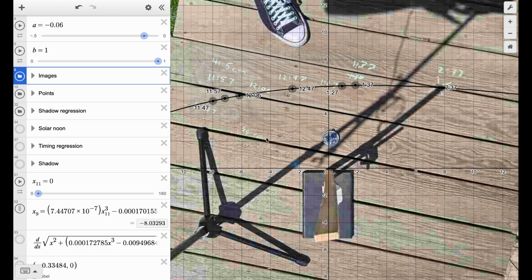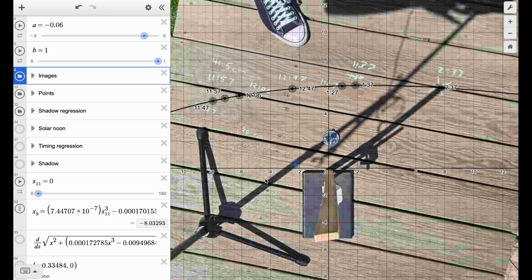And so with this, I should be able to interpolate where the shadow would have been at any particular given time. In fact, the timing is kind of important here because there's not a linear relationship between when the shadow was and where the shadow was. As the sun climbs higher in the sky, the position of the shadow changes more slowly.